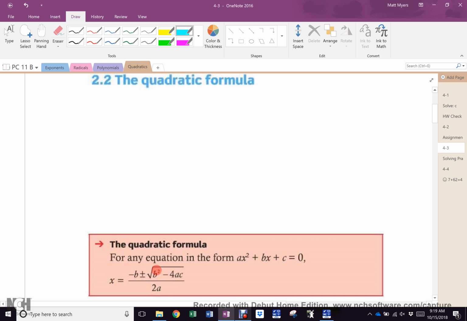Before I get into how to use it, as always, I will show you where it comes from. You have seen something that looks just like that without the squared in the 10th grade. What you have seen is this.